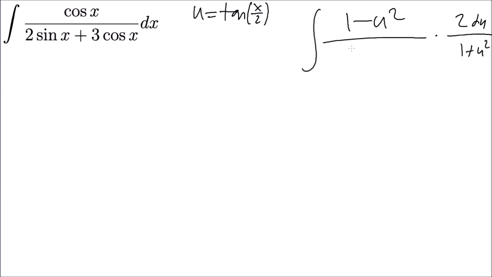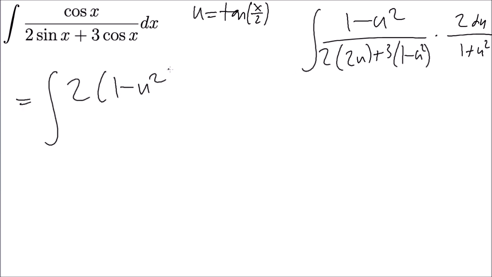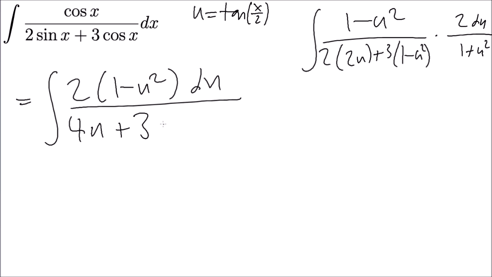So 1 minus u squared, and then we have 2 times (2u plus 3 times (1 minus u squared)). Oh god. Disgusting beast. 4u plus 3 minus 3u squared. But then I have 1 plus u squared.